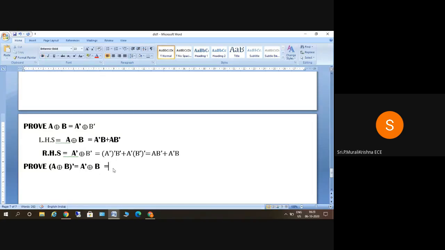So that is also equal to exclusion of B bar. So we have to prove this. And consider the LHS here. LHS.